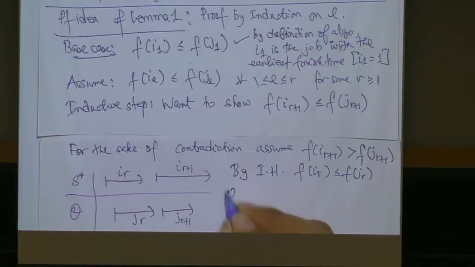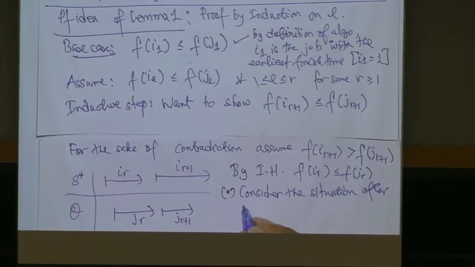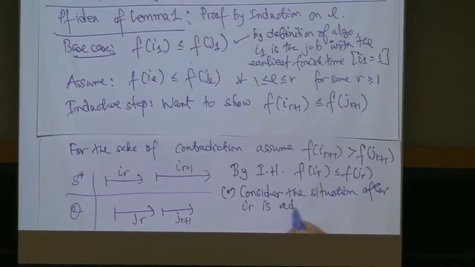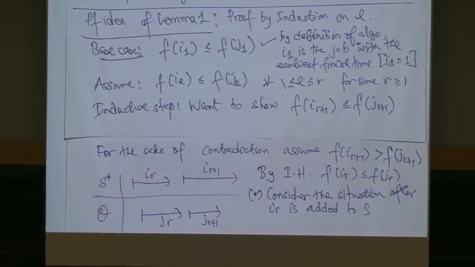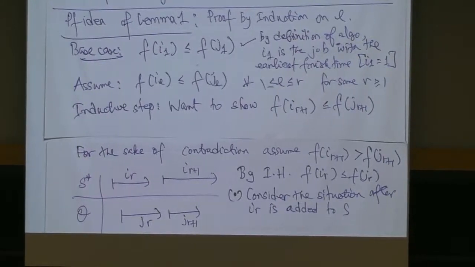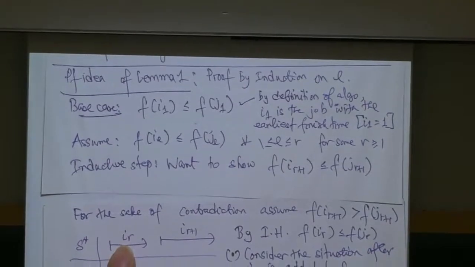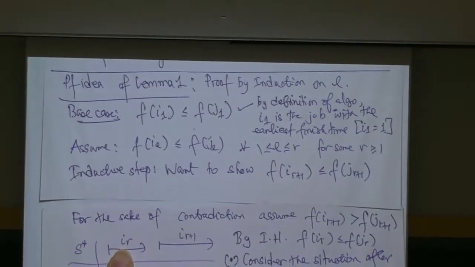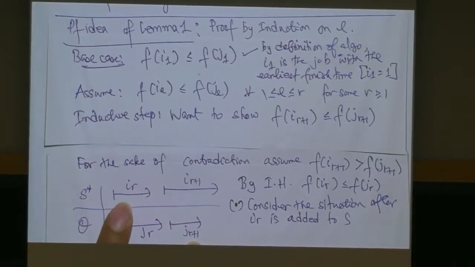Okay, so consider the situation after i_R is added to S. Again, you note that this j_(R+1) is something that has also not been scheduled yet, right? Because this doesn't conflict with j_R, and since j_R finishes after i_R, it means j_(R+1) cannot conflict with i_R, and indeed cannot conflict with anything that comes before.